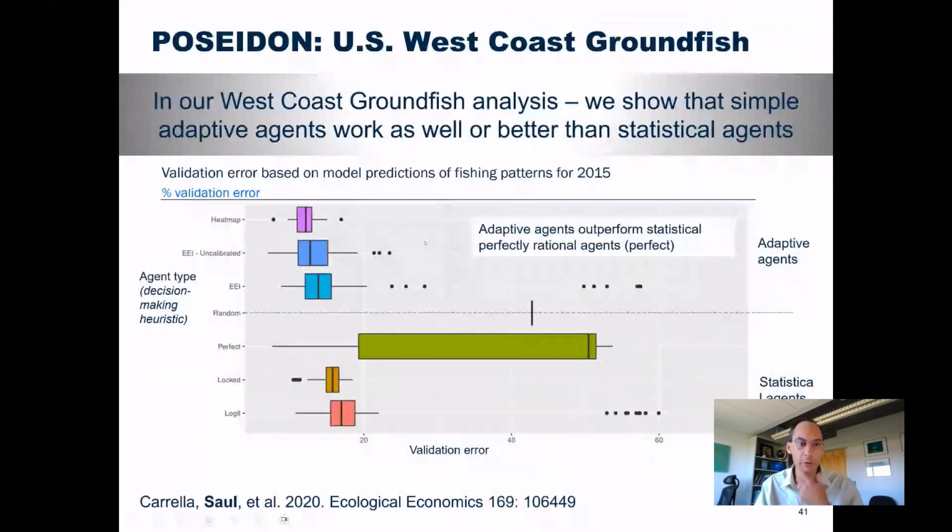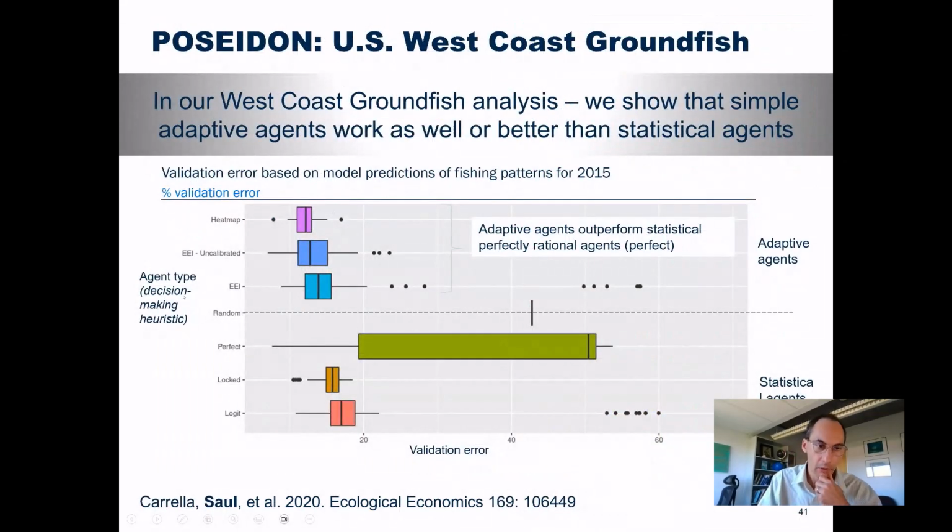And from that, we looked at different agent fisher decision making, machine learning algorithms for fisher decision making, and saw that some outperformed others in different ways. In general, adaptive agents did much better than agents that followed statistical approaches.